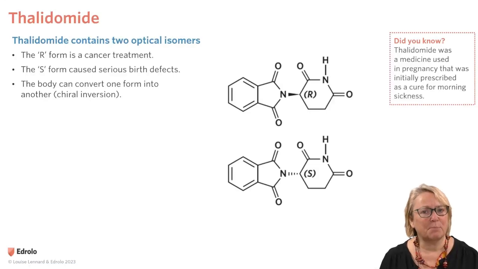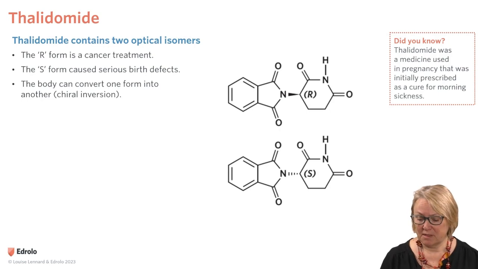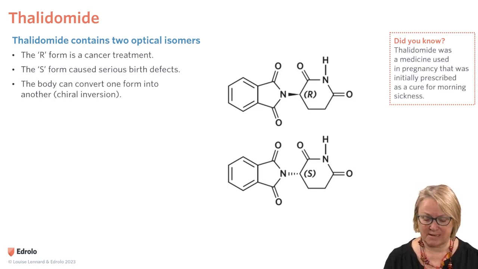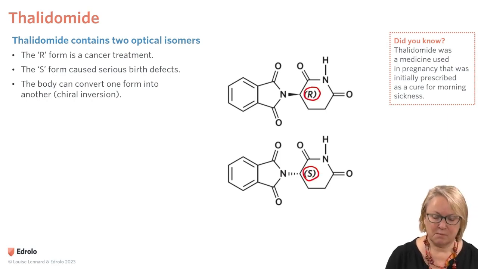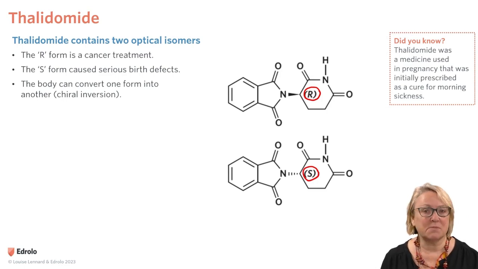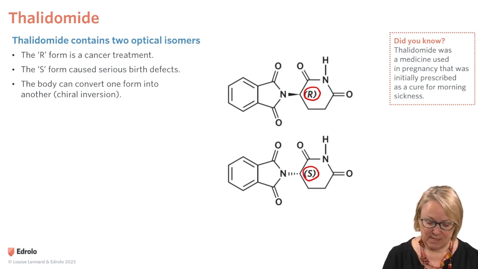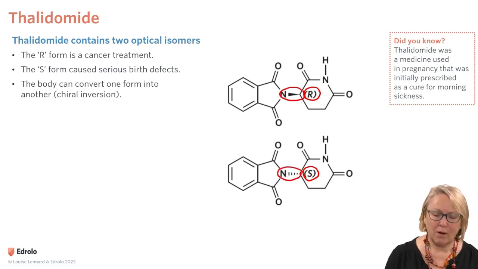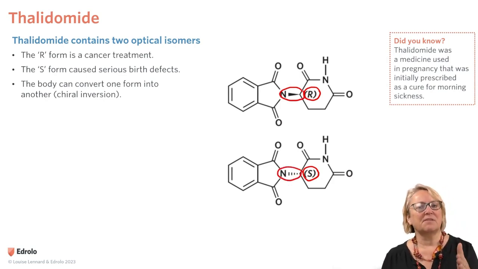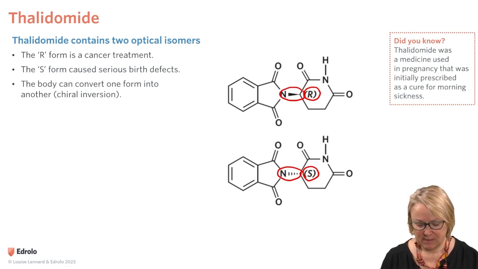A very sad example was the case of thalidomide. It was a medicine that was prescribed many years ago as a cure or a treatment for morning sickness in early pregnancy. And the only difference between these optical isomers or enantiomers is the way that this nitrogen is bonded here. In one way it's pointing out and the other way it's pointing in.